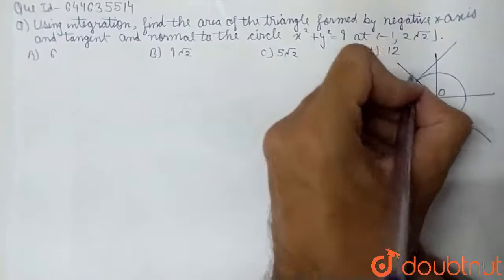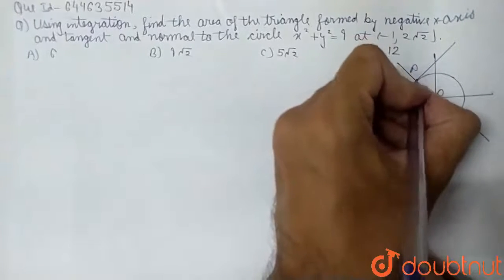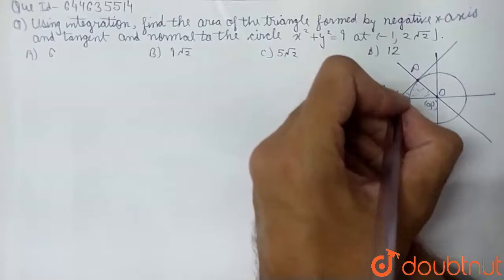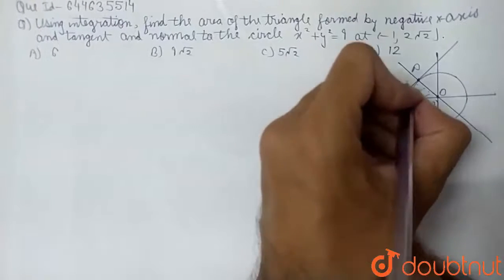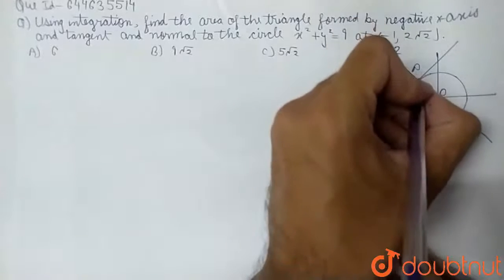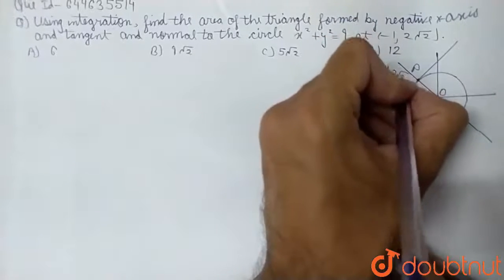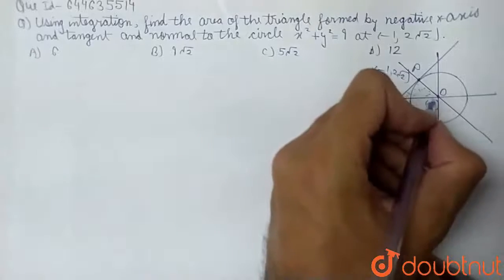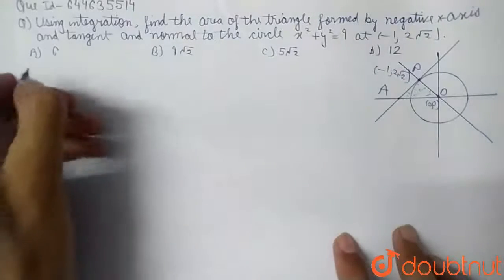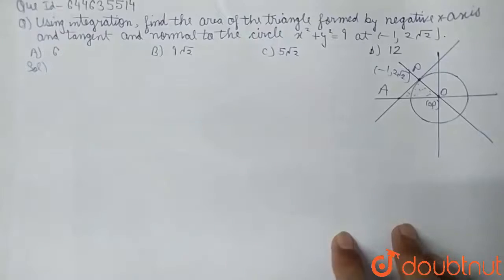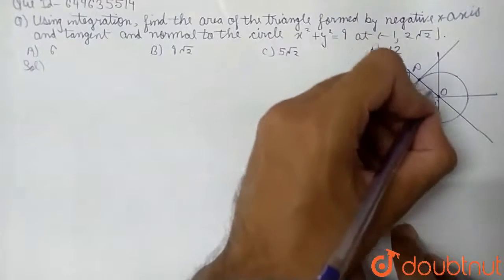Now let us suppose this is point P, this is point A. The coordinates of P are (-1, 2 root 2), and the coordinates of the center are (0, 0). First of all, we will find the slope of OP.